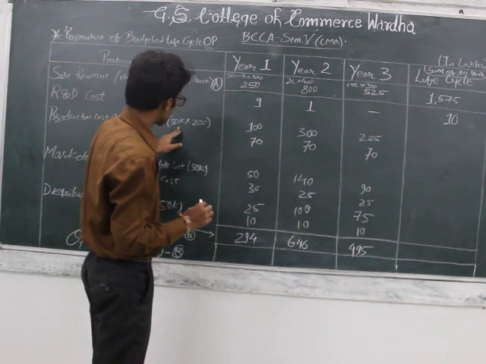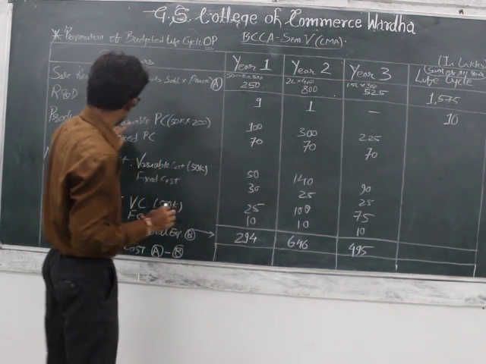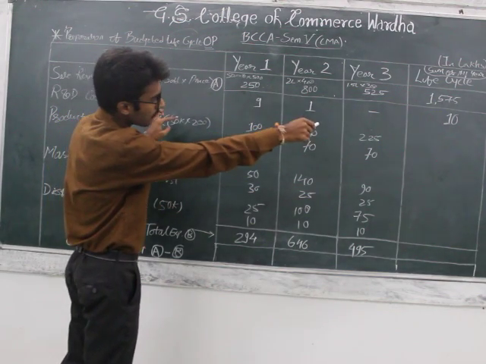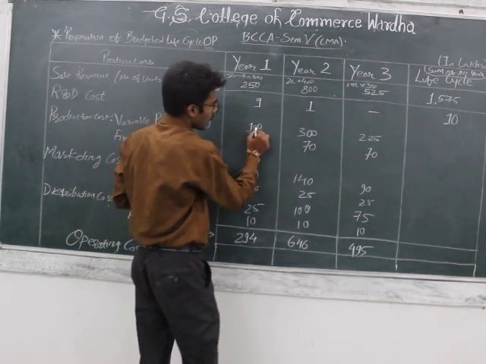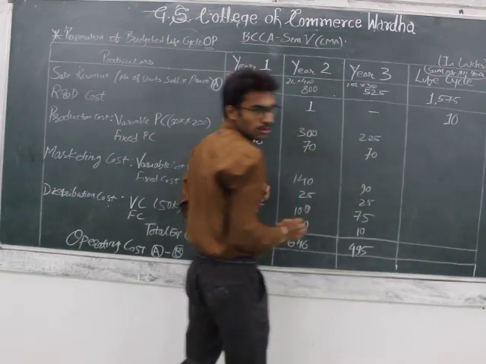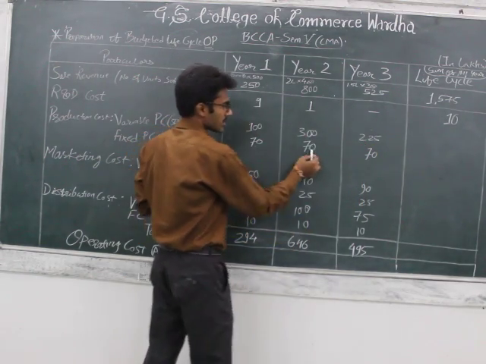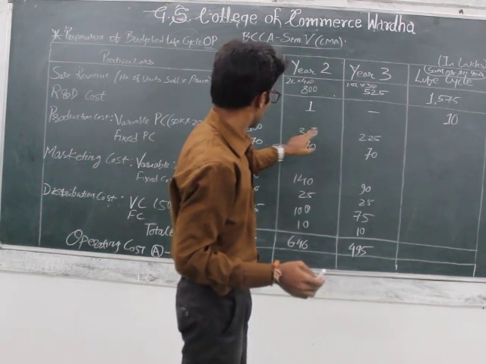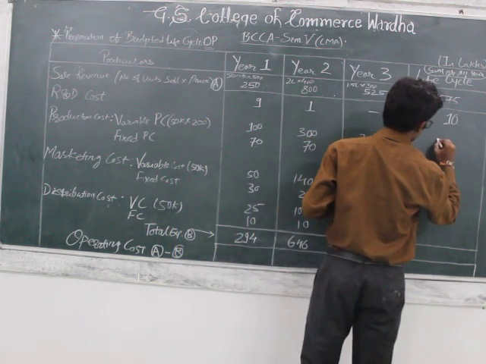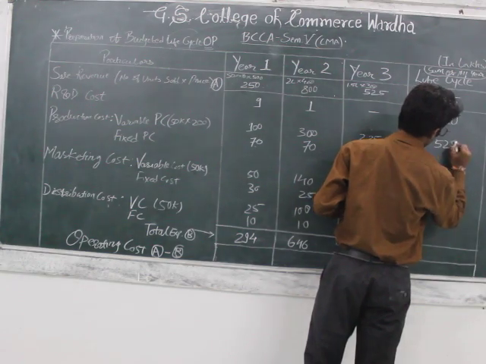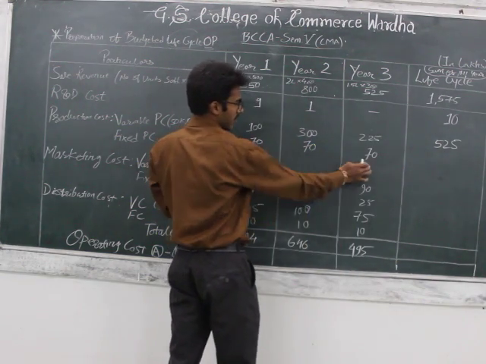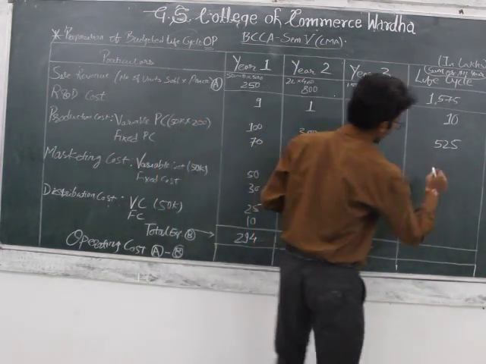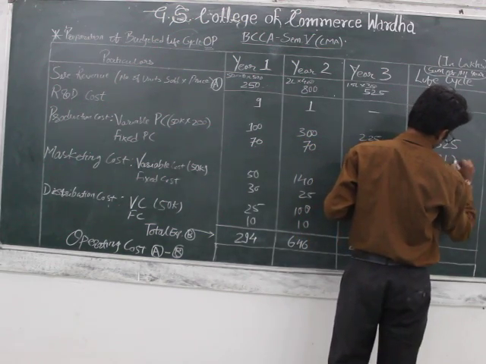We will be calculating that column by adding 100, 350, 325, 70, 70, 70.